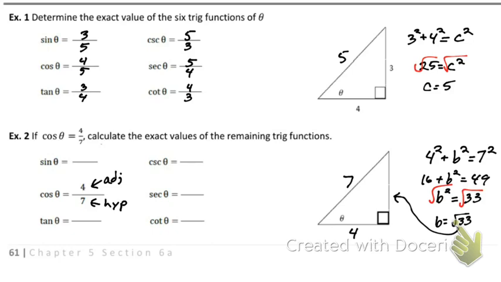All right. So let's go ahead and tackle our sine. Our sine is going to be opposite over hypotenuse, so that's going to be square root of 33 over 7. Cosecant, you're going to flip that, so it'll be 7 over square root of 33. But we need to get rid of that square root in the denominator, so we multiply the top and bottom by square root of 33.